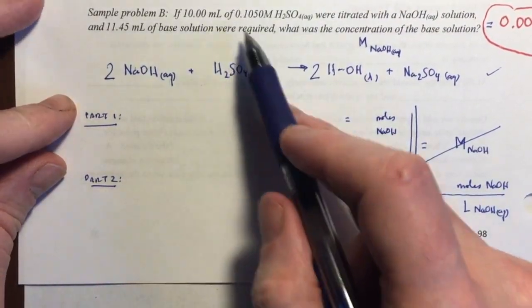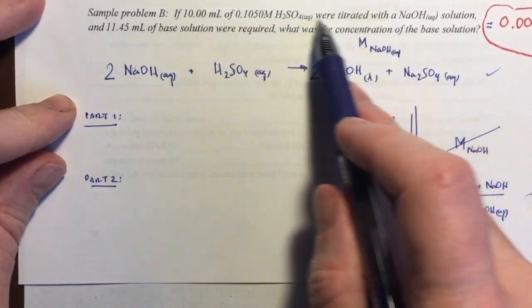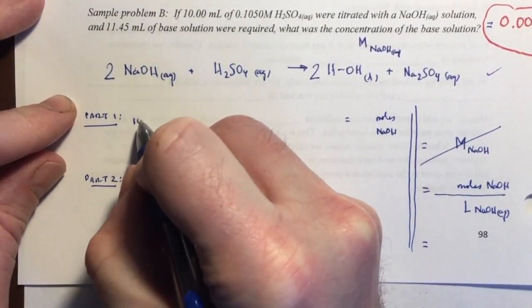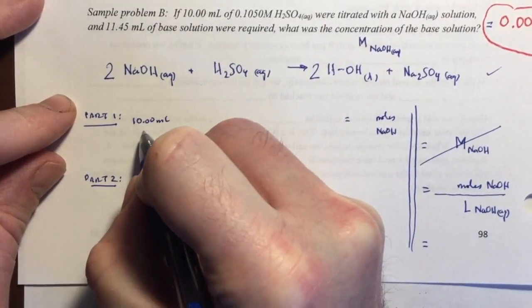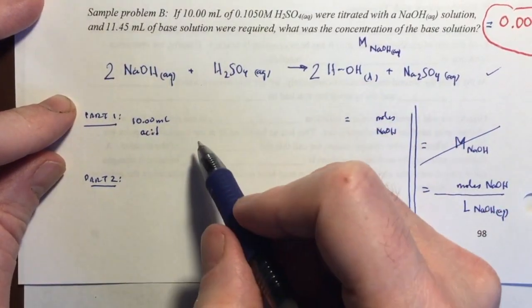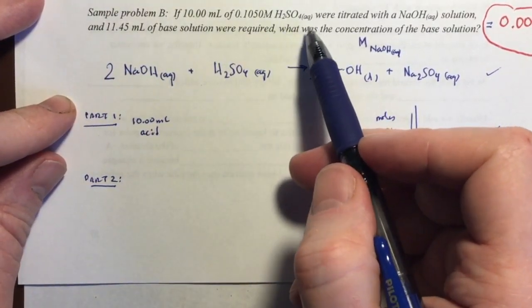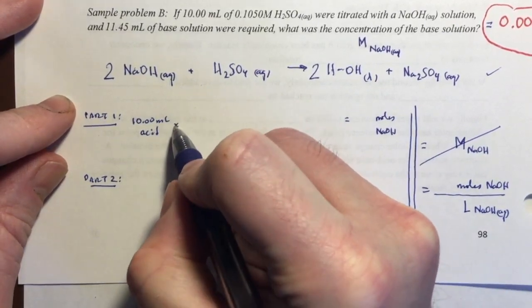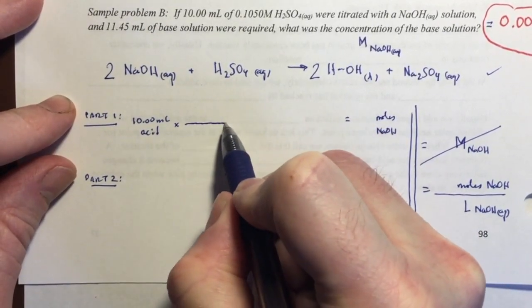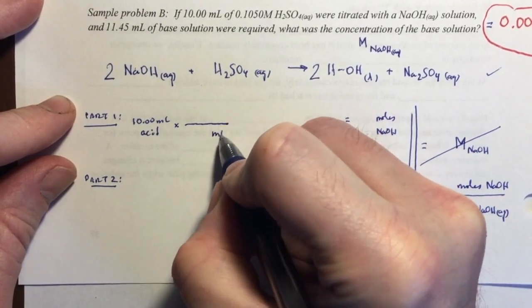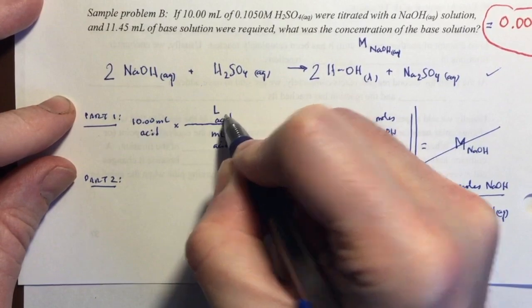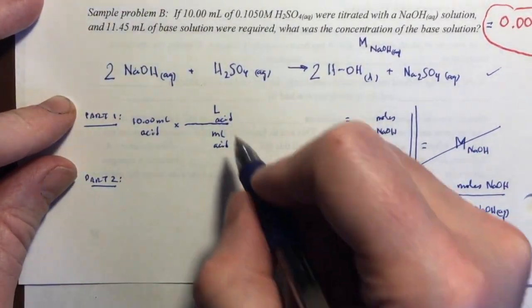So I'm going to start with the quantity of my other reagent, which is 10.00 milliliters of the acid. I could write out H2SO4 aqueous, so I'm just going to refer to it as the acid here. I have my first conversion factor to get from milliliters to liters. Milliliters of the acid to liters of the acid.